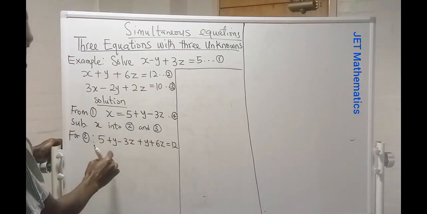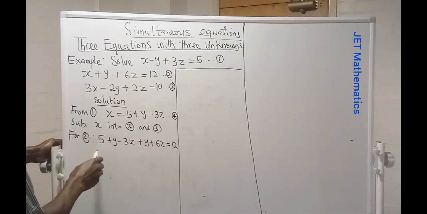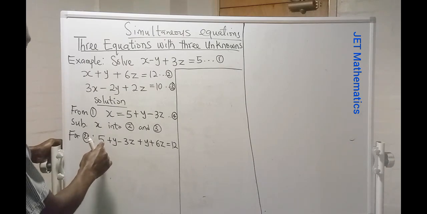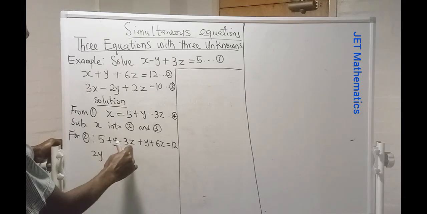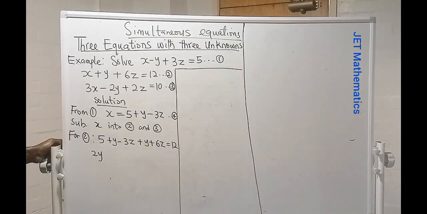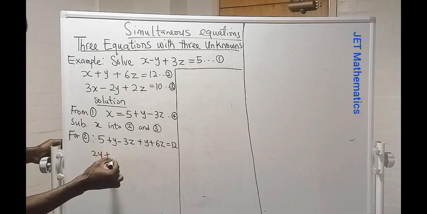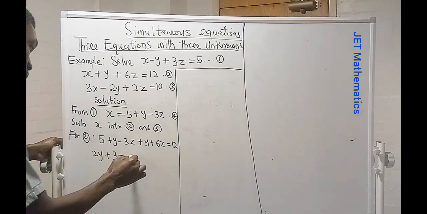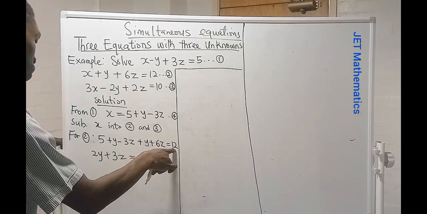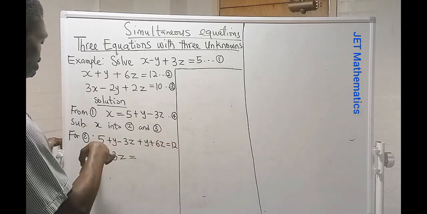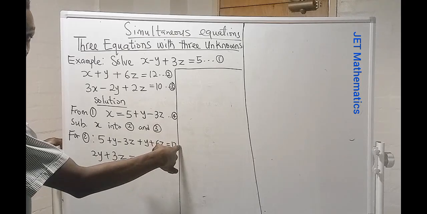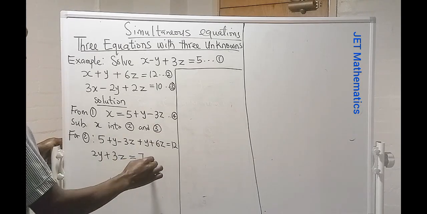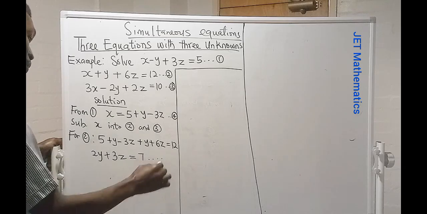Simplifying this, y plus y is 2y, then minus 3z plus 6z is plus 3z, equals 12. Then when 5 crosses to this side, it becomes minus 5. So 12 minus 5 gives us 7. We'll call this new equation, equation 5.